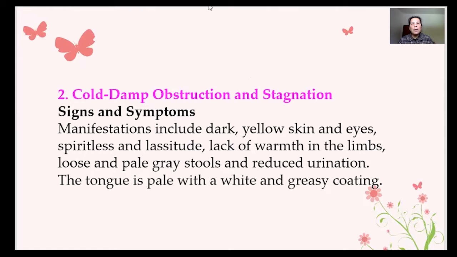Then we're talking about another pattern here. We say cold dampness blocking and causing stagnation. This kind of jaundice has a dark color, dark yellow skin under the eyes.